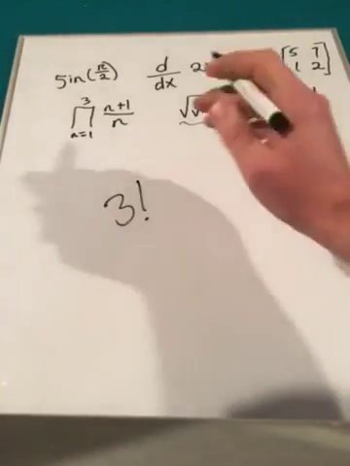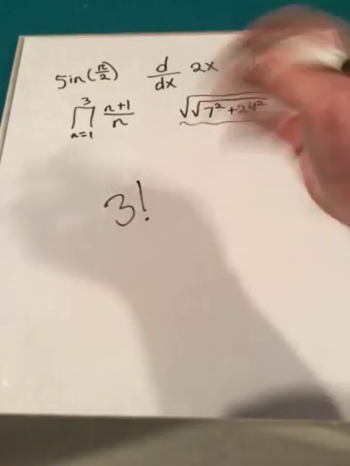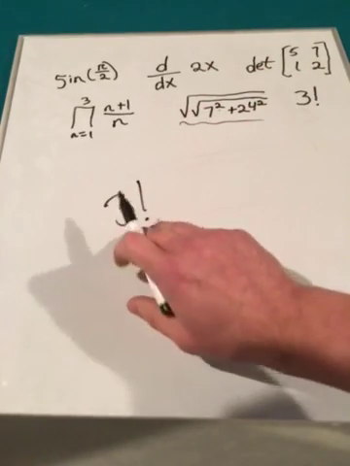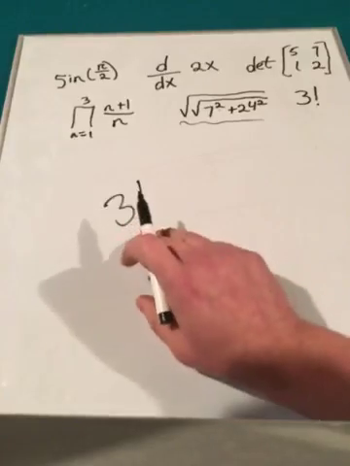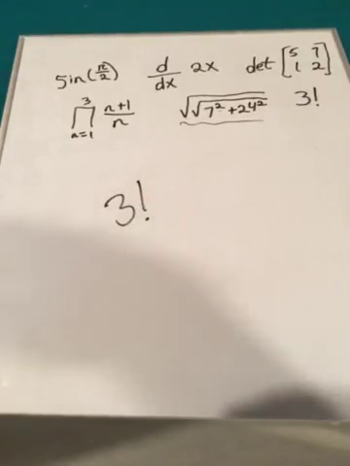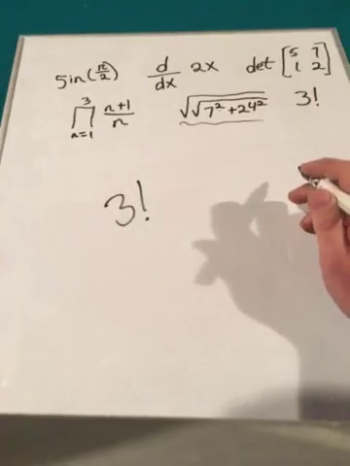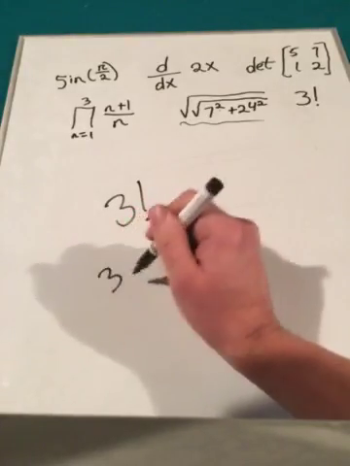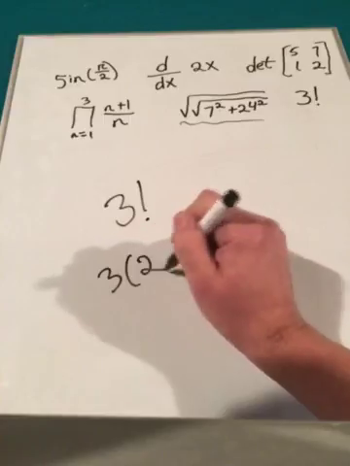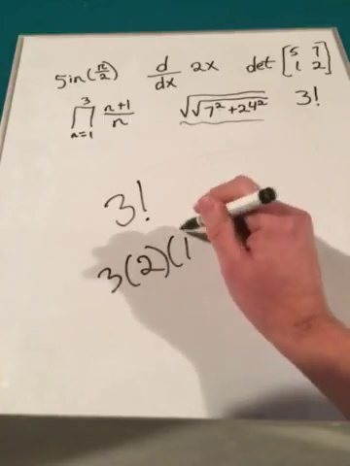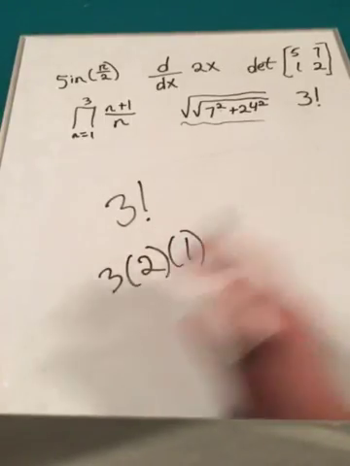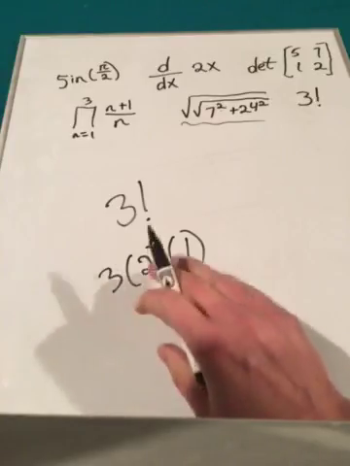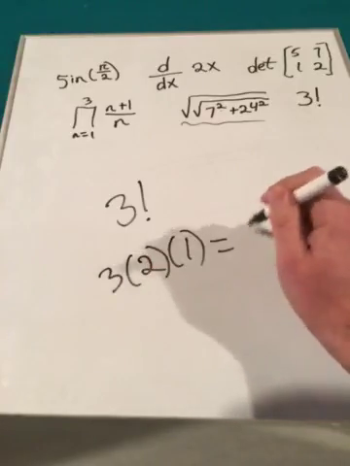It just means you take all the integers less than where you start, down to 1, and you multiply them all up. So 3 factorial is just 3 times 2 times 1. And that's 3 times 2 is 6, times 1 is 6.